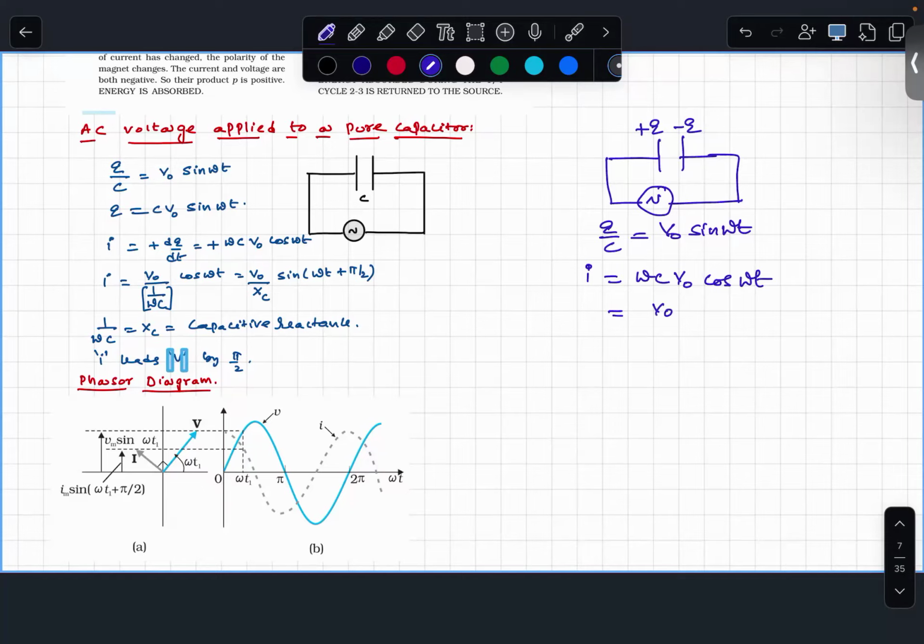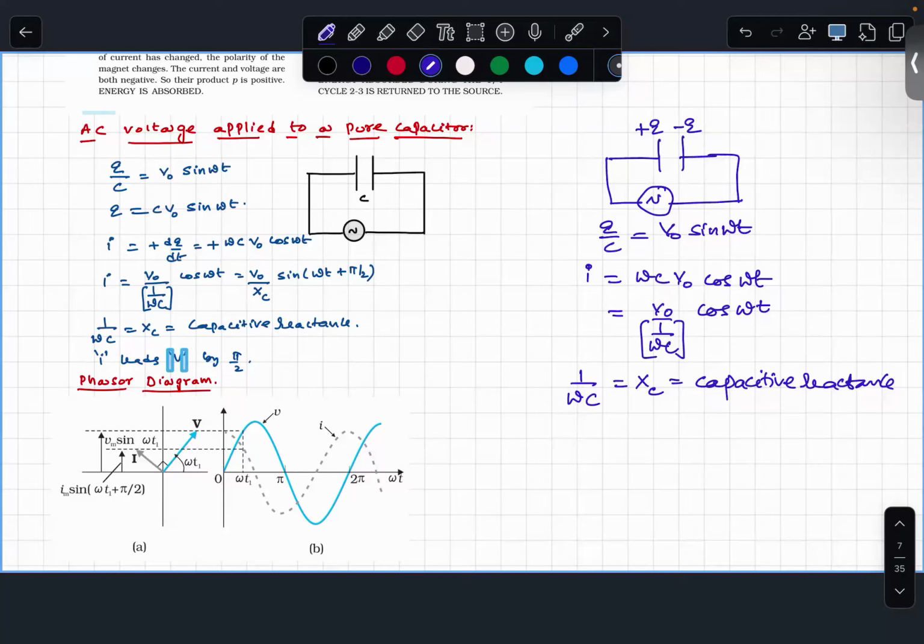This can be written with that 1 by omega C term as the capacitive reactance.